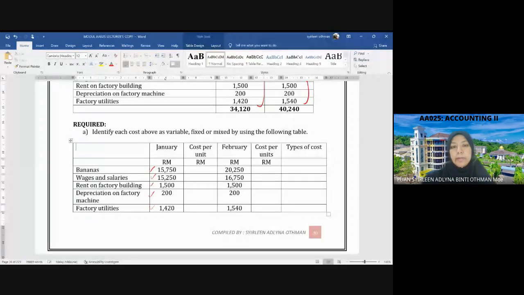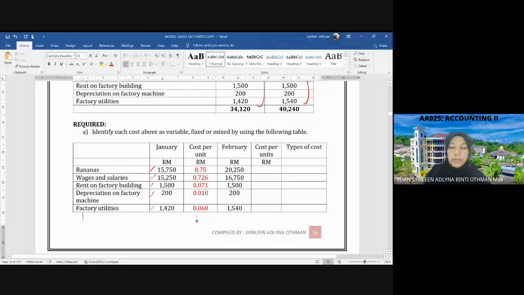Okay, alright. So madam akan bahagilah. So bila saya bahagi, I'll get this. Okay, kita akan ambil, actually we just take for 2 decimal points sajalah. Tapi yang ni ada yang madam tak bundarkan, I ambil 3 decimal points. Okay, why? Kejap lagi saya explain. Okay, so this is for January.